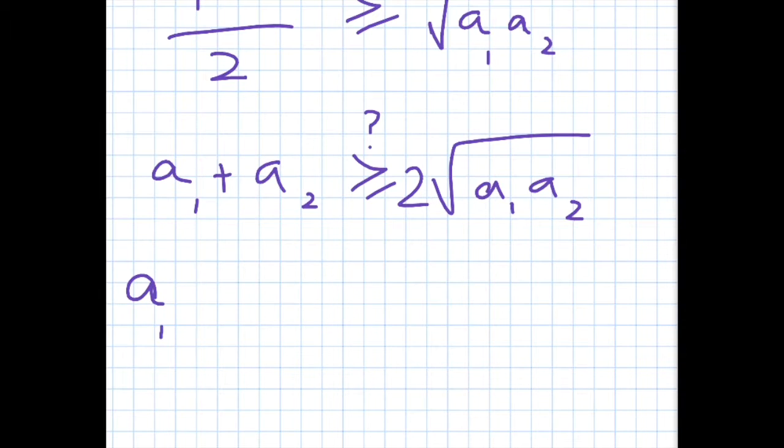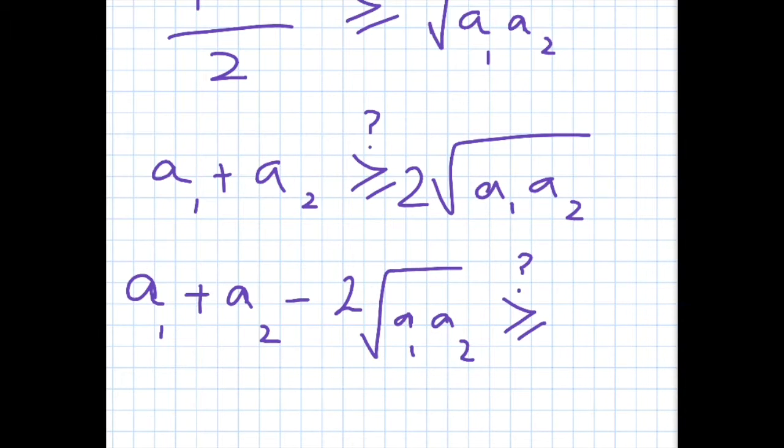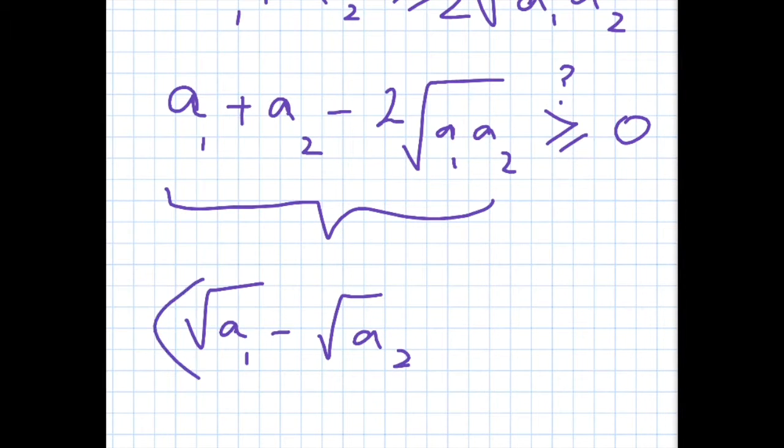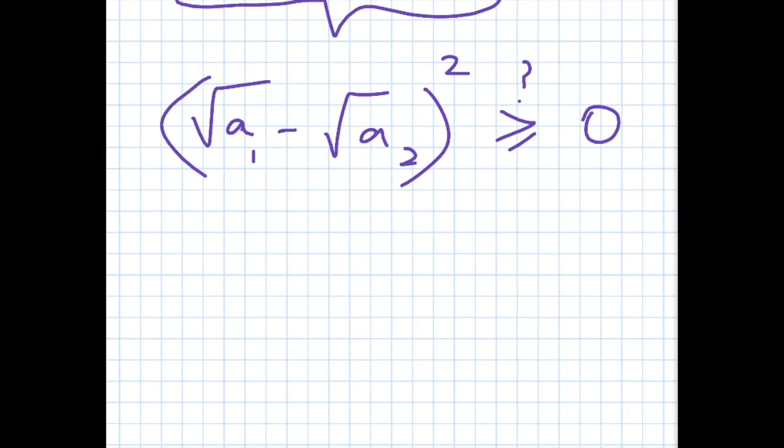So we can say a1 plus a2 minus 2 root a1 a2 is greater than or equal to 0. Now this is nothing but (root a1 minus root a2) squared. Since a square is always non-negative, this is now proved.